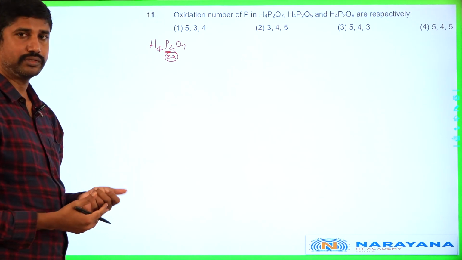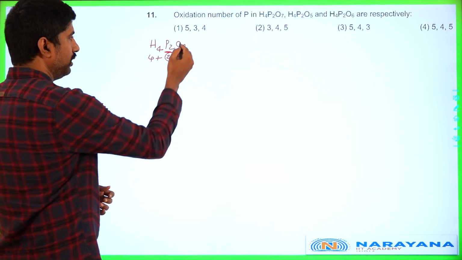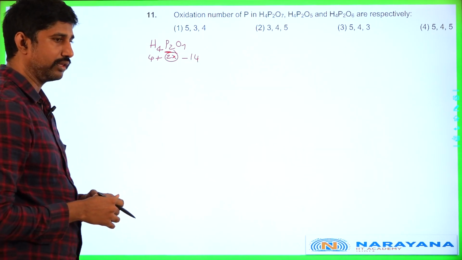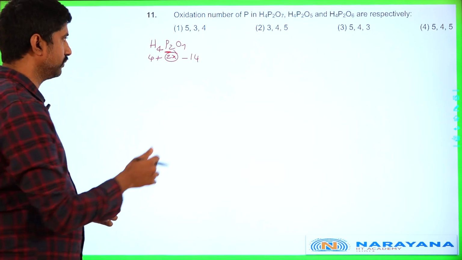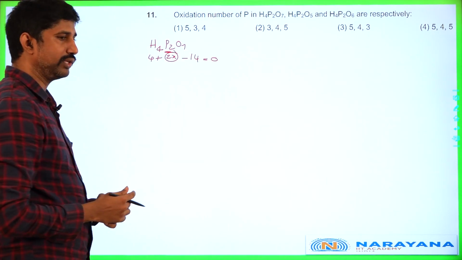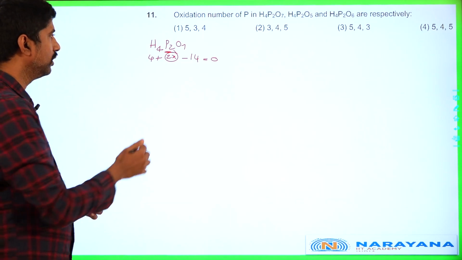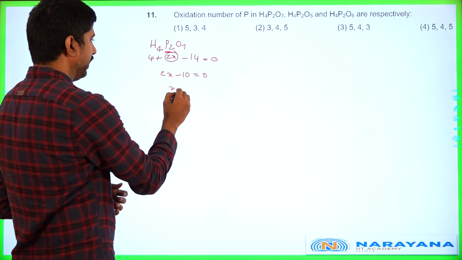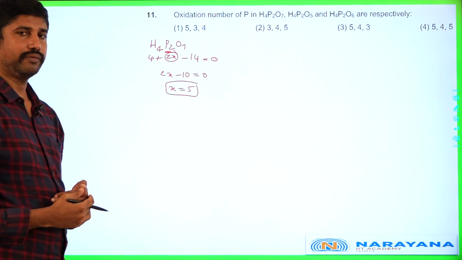Each hydrogen is plus 1, so plus 4. Each oxygen is minus 2, so 7 oxygens give minus 14. The sum is equal to 0, as it is a neutral molecule. So 2x minus 10 is equal to 0, so x is equal to 5. So the oxidation number of phosphorus in H4P2O7 is 5.